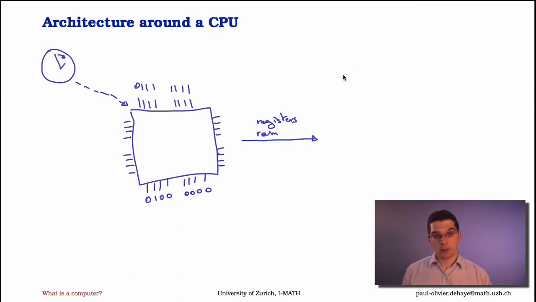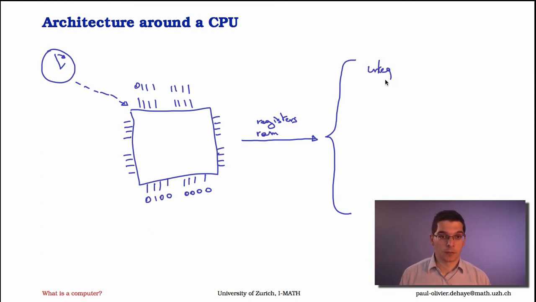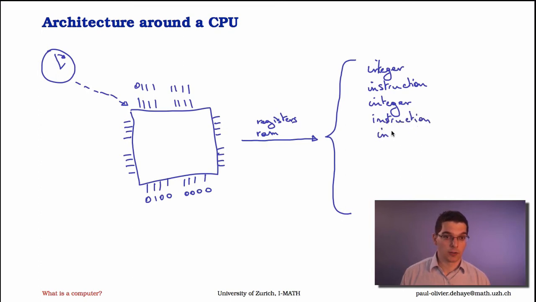Okay, and this RAM or these registers contain data. This data is always zeros and ones as usual, but it can be of different types. Depending on the convention, it can encode different things. So if you remember, it could be an integer, it could be an instruction. So let's say we have one instruction, then an integer, then another instruction, maybe yet another instruction afterwards for the CPU.